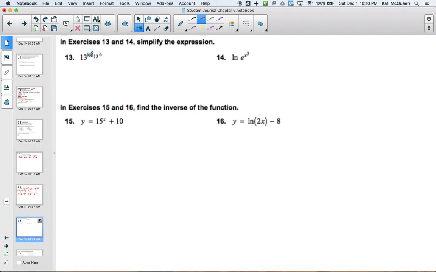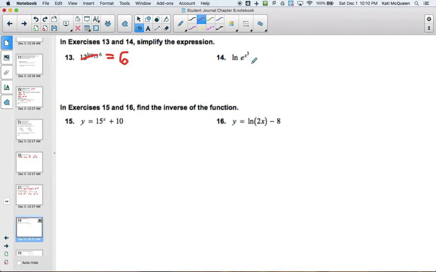But remember, this is an exponent that I raised 13 to get 6. So when I raise 13 to that power, I know I'm going to get 6. So I don't know what this number is, but I know when I raise 13 to it, I get 6. So another way to think about this, as long as these match, you just end up with whatever you're taking the log of.